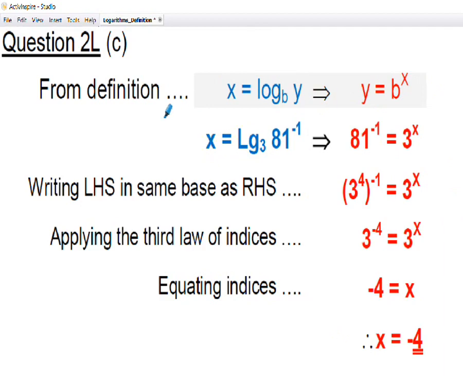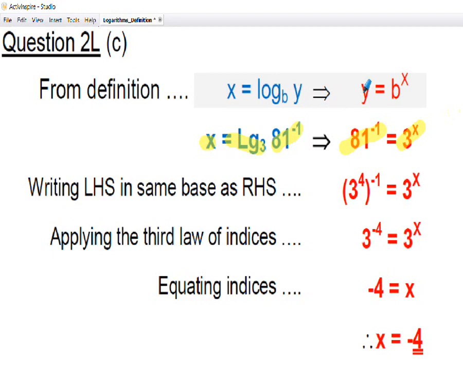Next question, I've got x is equal to log to the base 3 of 81 to the power of minus 1. Now notice the y here is 81 to the power of minus 1. So on the left hand side that's what I get. 81 to the power of minus 1 is equal to b to the x, that's 3 to the x. How can I write 81 in terms of a base of 3?